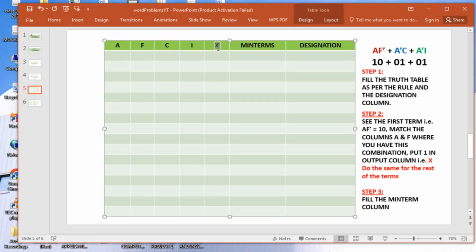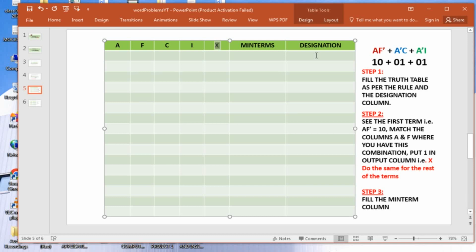This column I'll use for my minterms, and this designation means I'll put the decimal value. I hope this much you all have understood.